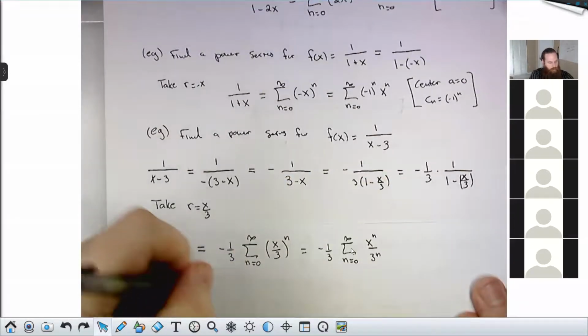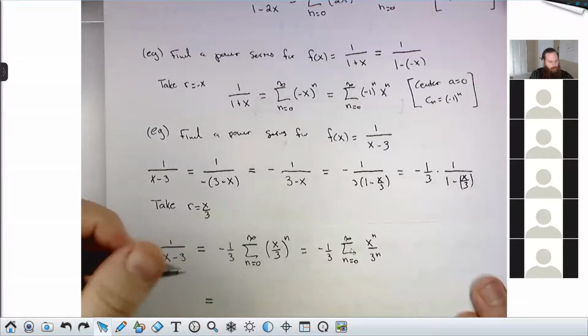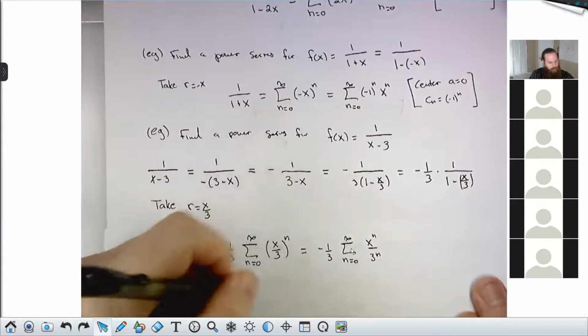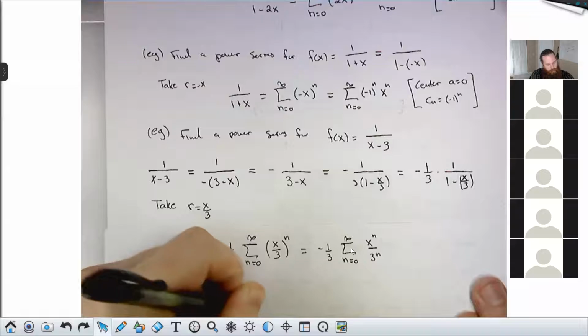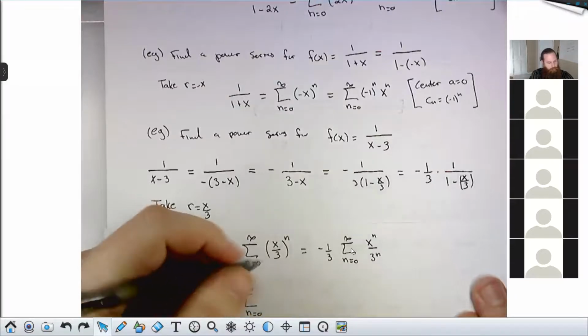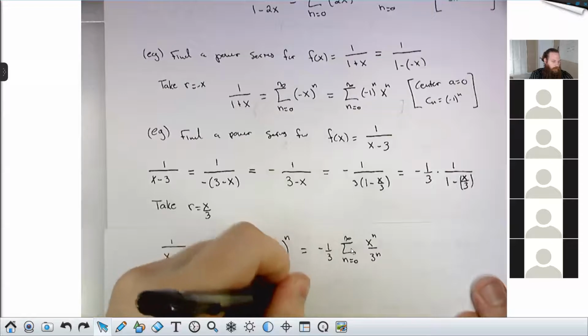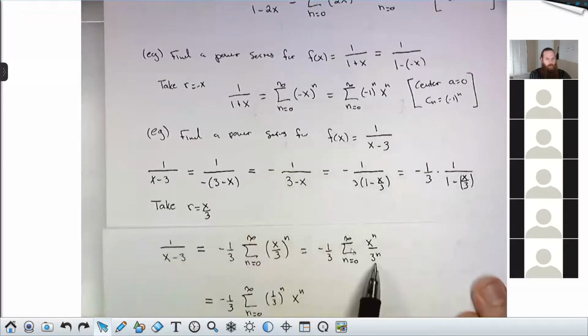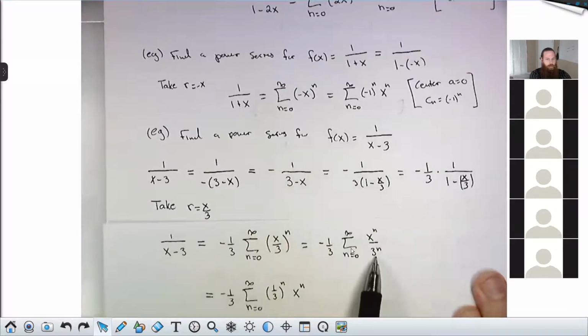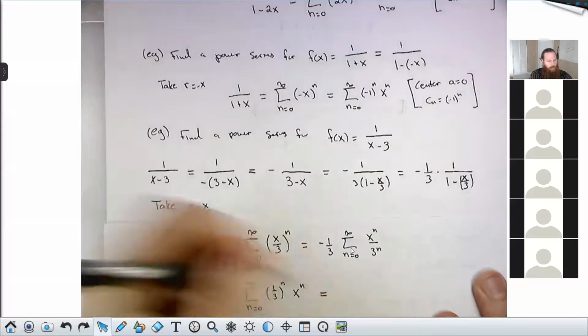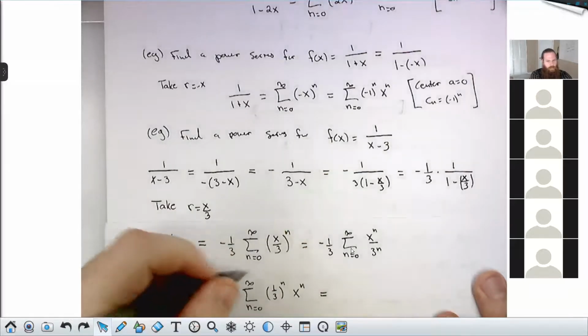And then move down here. That's negative 1/3 sigma n from 0 to infinity, 1/3 to the n times x to the n, right? This 3 to the n downstairs is the same as 1/3 to the n. And then I can bring the 1/3, this guy, into the series.